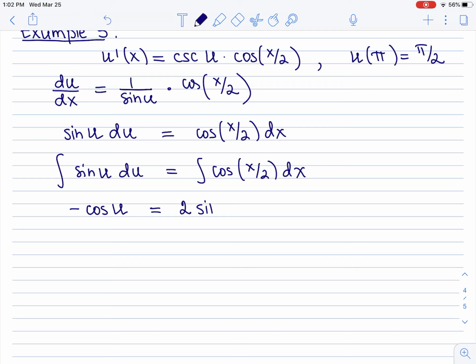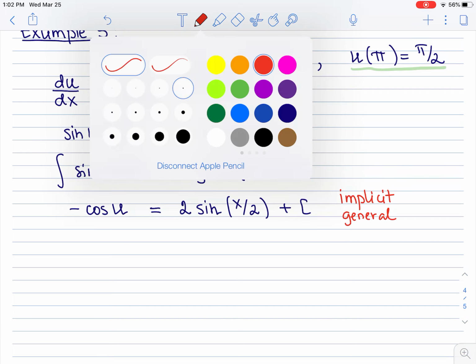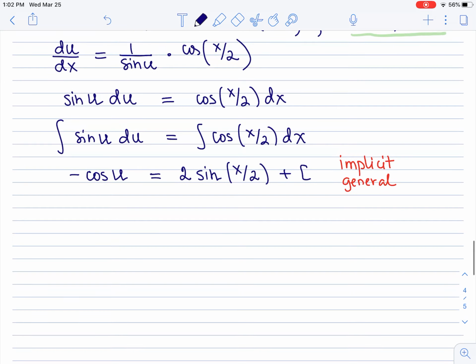We get 2 sine of x over 2 plus c. This is what we call the implicit general solution. We have a constant c, but now we're going to use our initial condition to figure out what that c is.